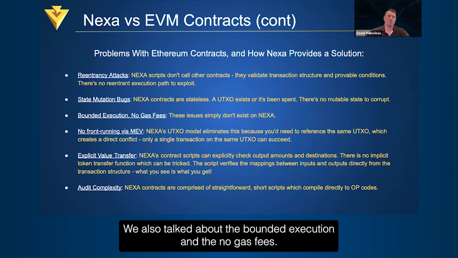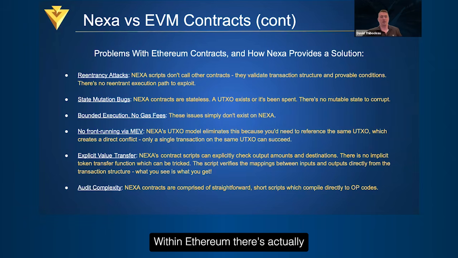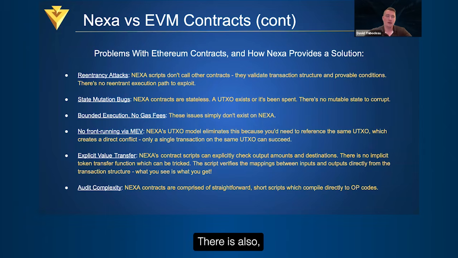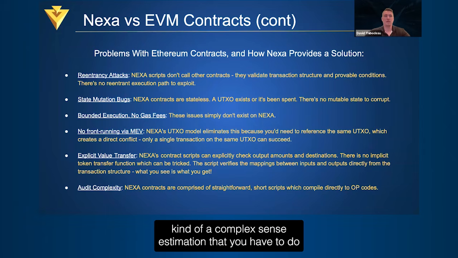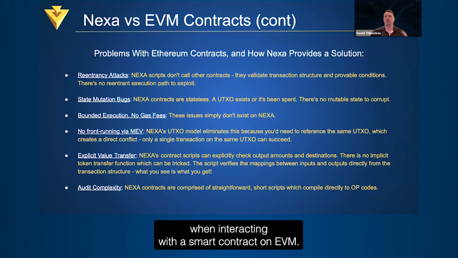We also talked about the bounded execution and the no gas fees. Within Ethereum, there are actually some gas-based attacks that exist. One of them is called gas griefing. There is also a complex estimation that you have to do when interacting with a smart contract on EVM.